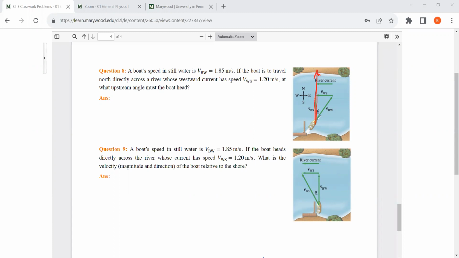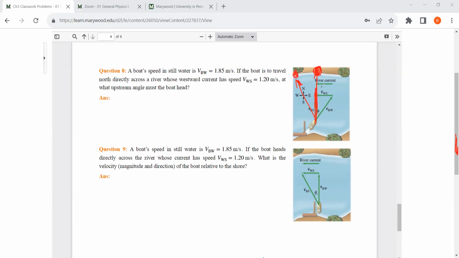But the problem is if the boat goes directly this way, because of the river current, it will actually go somewhere here, because the river current will affect its motion. The aim is to go here, but if it goes directly straight, it will land somewhere here.